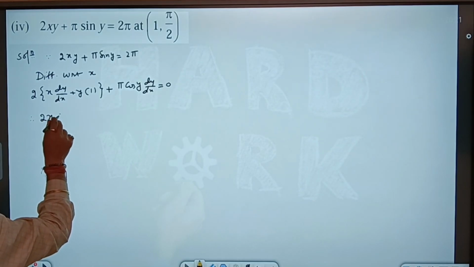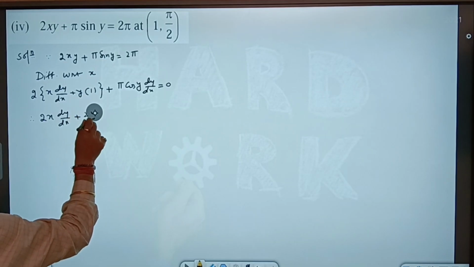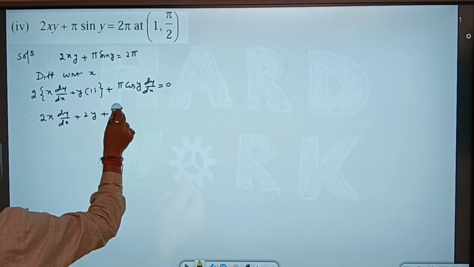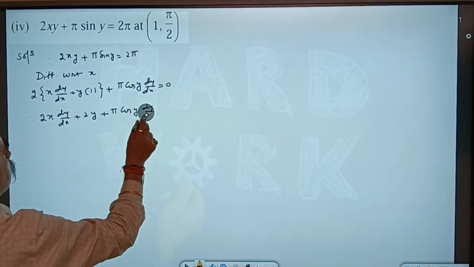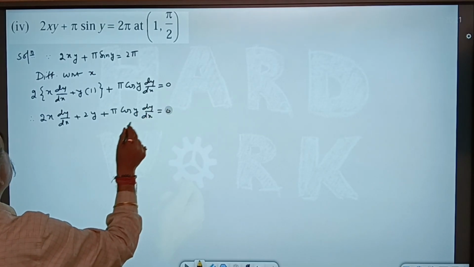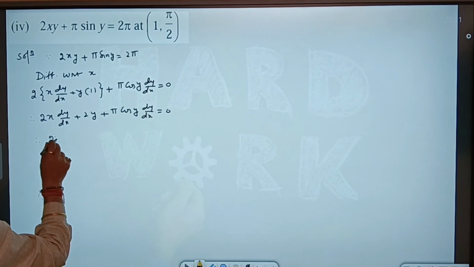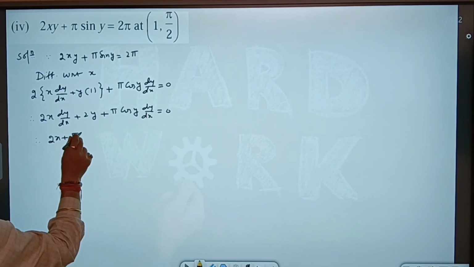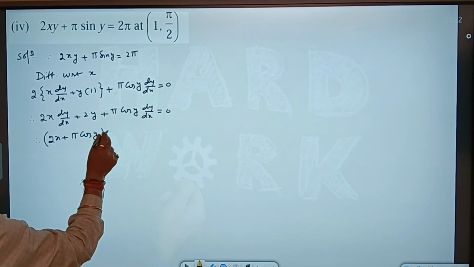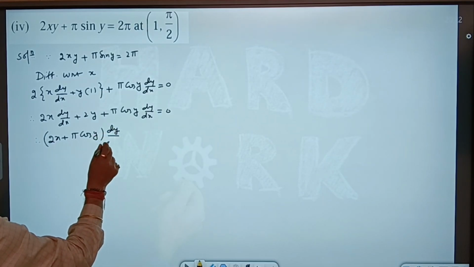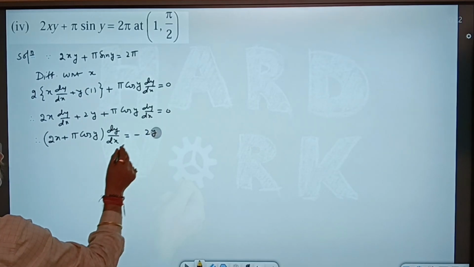So 2x dy by dx plus 2y plus pi cos y dy by dx. Therefore, 2x plus pi cos y, dy by dx common, is equal to minus 2y.